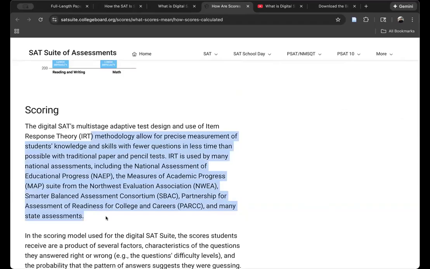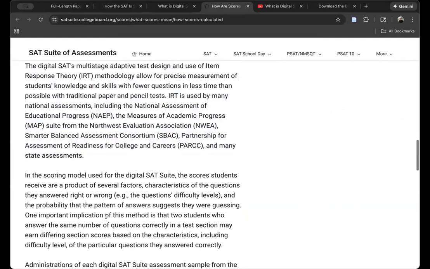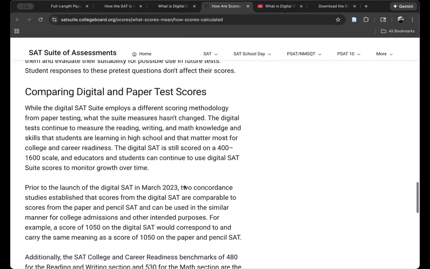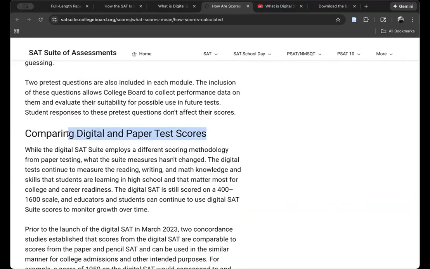This type of methodology is validated by national organizations, by research, etc. It does not cause a significant difference compared to previous data from paper test scores. So this is a very well validated tool and technique.